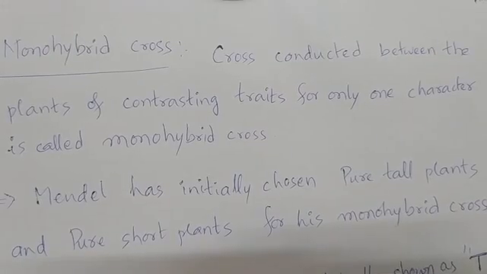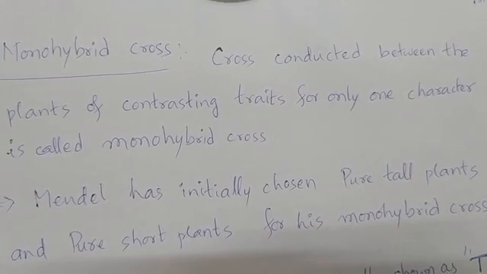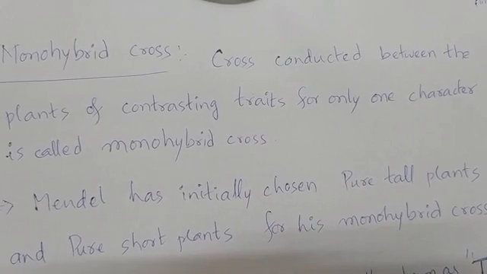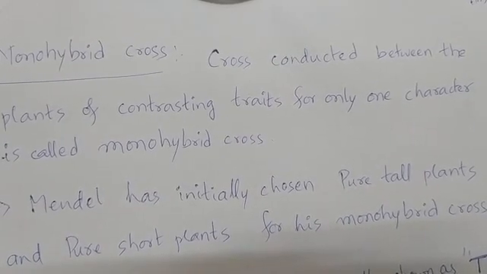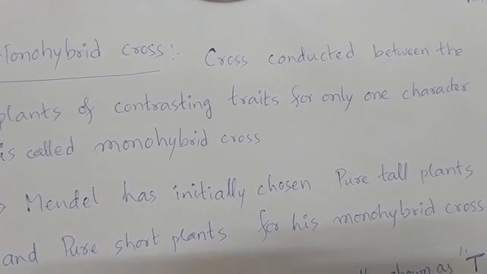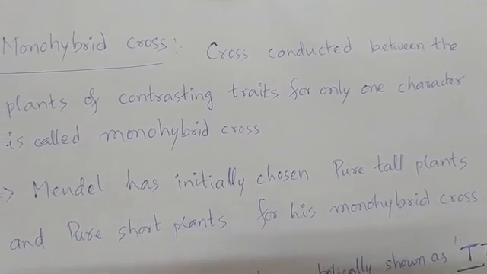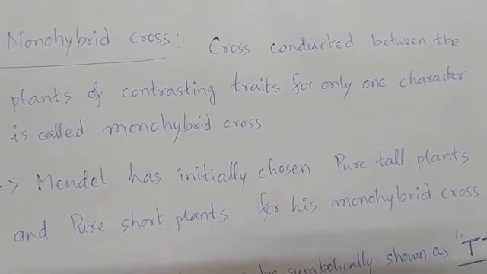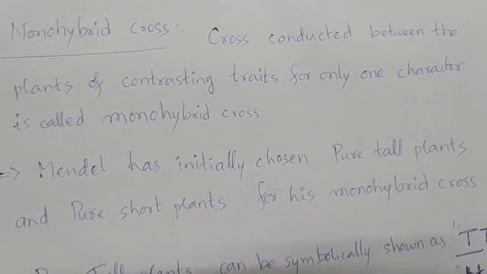What is monohybrid cross? The cross that is conducted between the plants of contrasting traits for only one character is called monohybrid cross. Mendel initially chose pure tall plants and pure short plants for his monohybrid cross experiments.